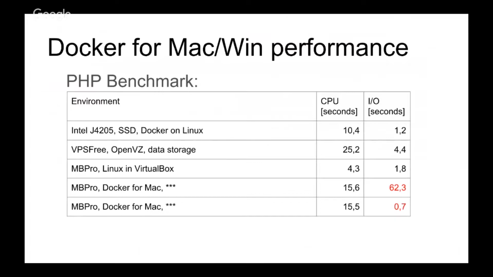So I started some research, and I tried to find what the hell is going on. Here you can see two rows in the table with Docker for Mac, but there is really just a small difference between them in settings, but there is a huge drop in performance.